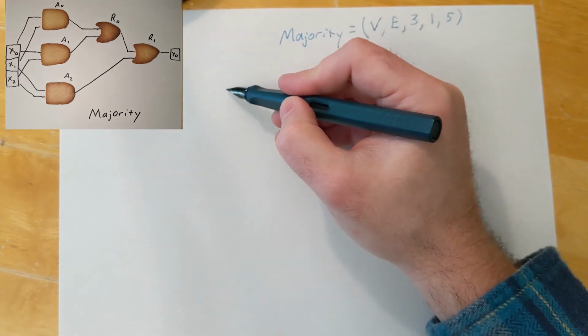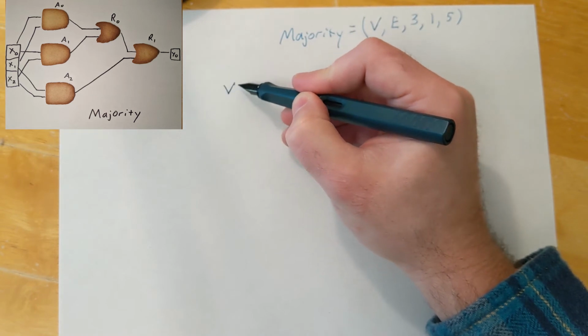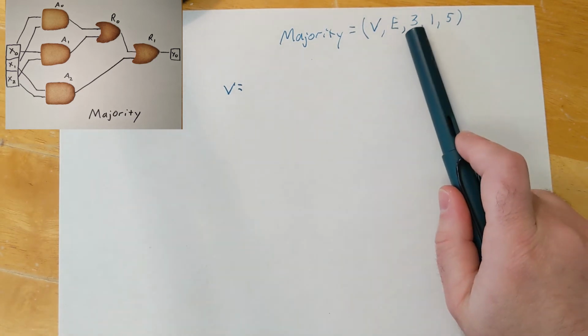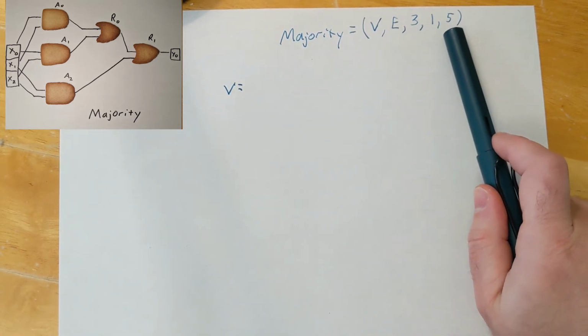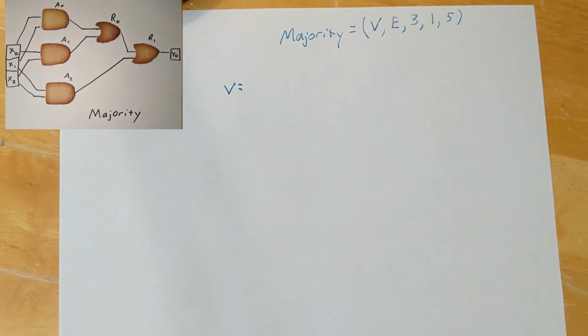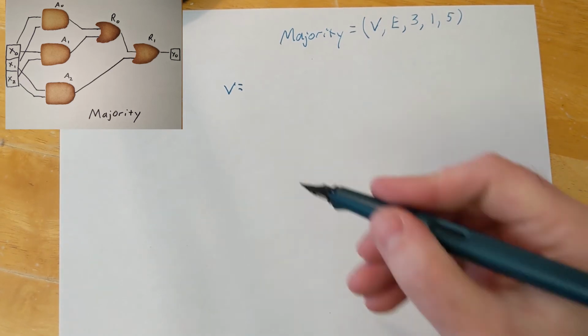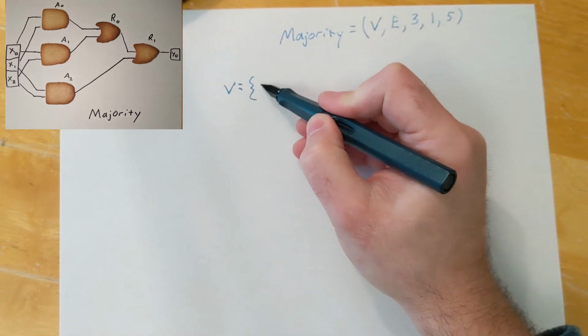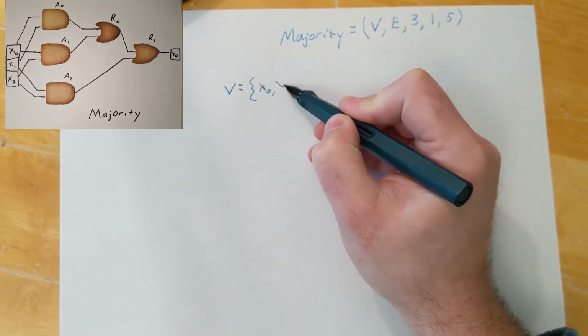So let's go ahead and identify our set V. Our set V is going to be the set of all gates. It's going to be the nodes in our graph, and that's also going to include the input bits. In this case, we have 3 input bits, and we have 5 logical gates in our circuit, meaning we better have 8 things that are going to be in this set V. So our set V is going to contain each of the inputs, x0, x1, and x2.